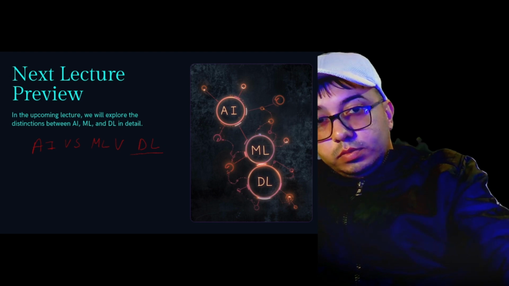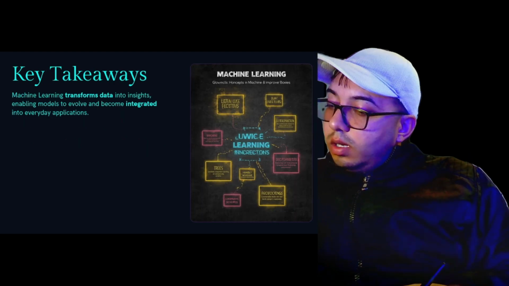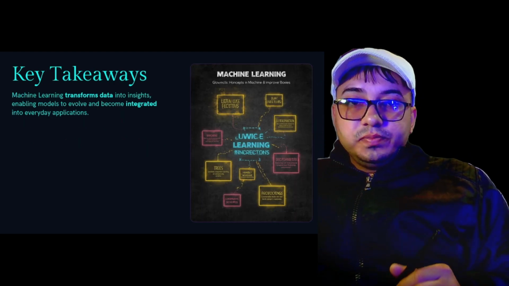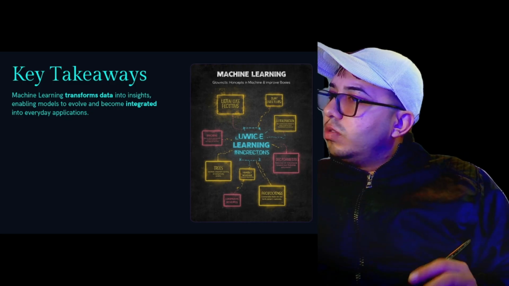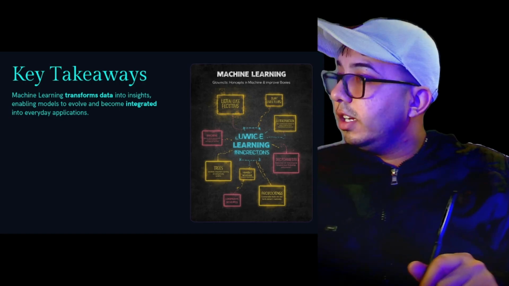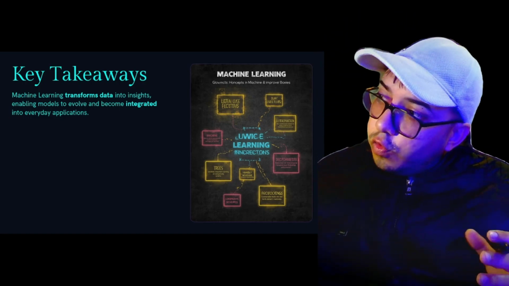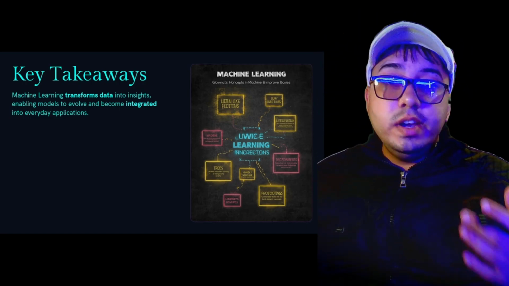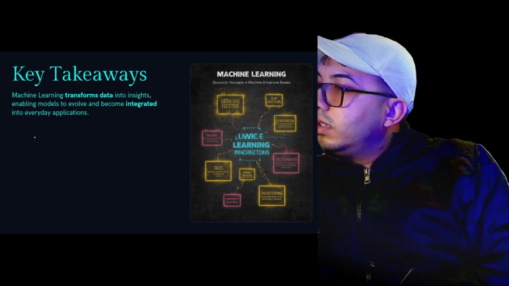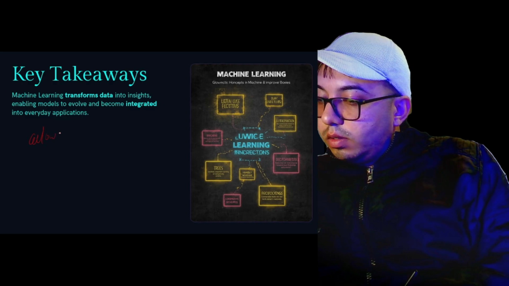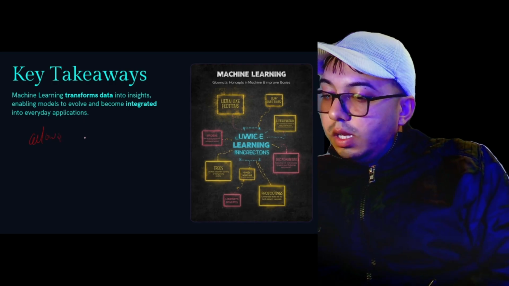So, let's summarize today's lecture. Machine learning transforms data into insights and enables models to evolve and become integrated into everyday applications. Machine learning allows machines to learn from data.